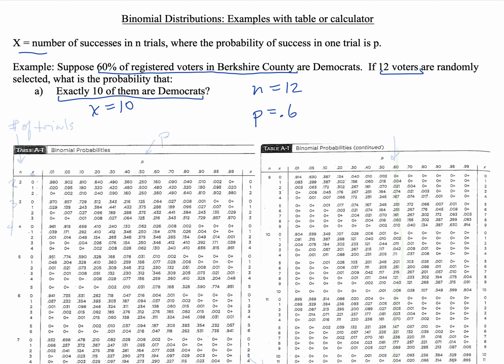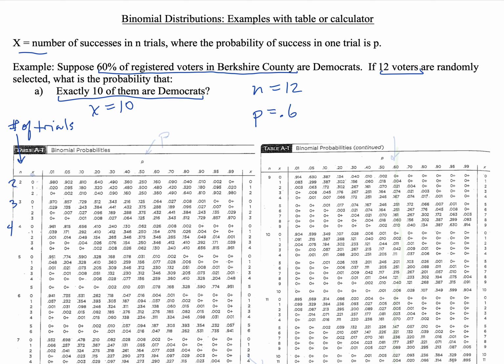So how can we find this probability? One way is to use a binomial distribution table like the ones we see below. The way these are set up is that n, the number of trials, is on the left-hand side. So this is 2 trials, 3 trials, 4 trials, and so on.